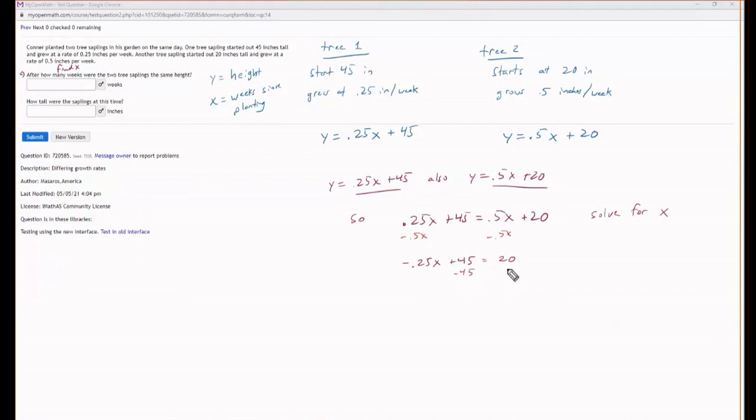Let's subtract this 45. So negative 0.25x equals 20 minus 45, which gives me a negative 25. Okay, and now in order to get x by itself, I'm going to divide both sides by negative 0.25. So I get x equals 100. So 100 weeks after planting, the two saplings will be the same height.